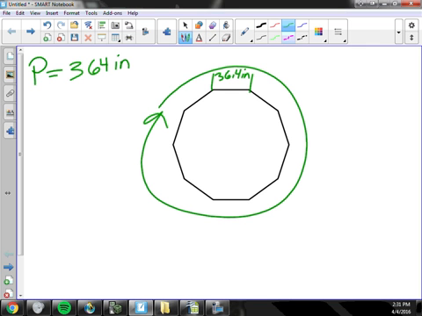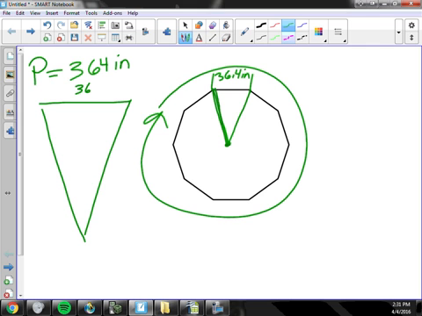Okay, and then I have this triangle here. How do I find the area of that triangle? So I'm going to zoom in a little bit. This is 36.4. Well, I need a right angle. So let's focus on this triangle here. What's the base of that triangle?